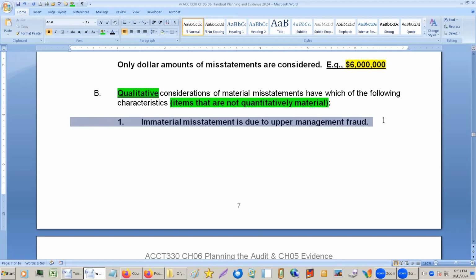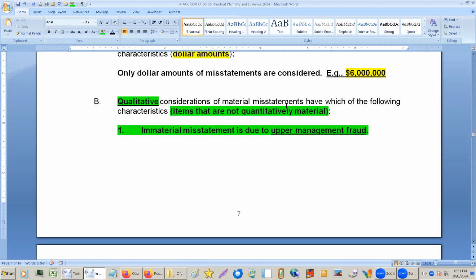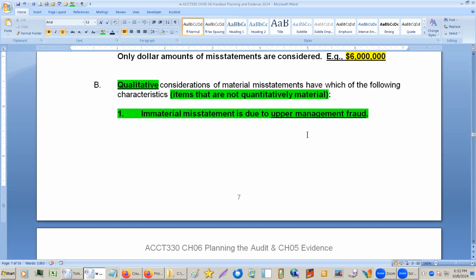So even though it might be immaterial, upper management fraud is taken very seriously. And usually it is upper management fraud that has the most red flags to it. So for instance, we say that things are material if they're $6 million. Suppose there's management fraud for 1 million.